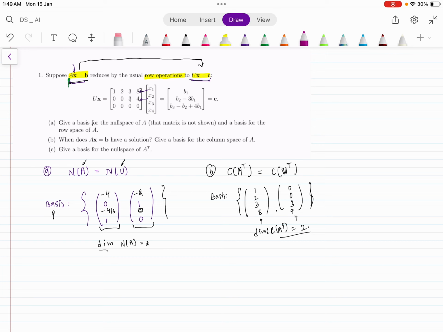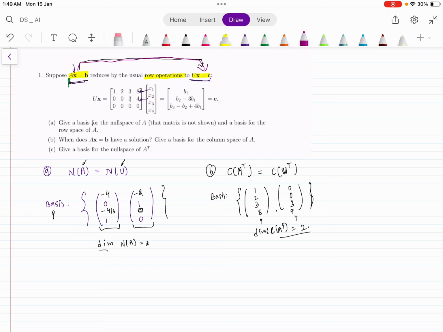So this is the key point to take away from here. The effect you will see on the four fundamental subspaces after reducing your system of equations to this.